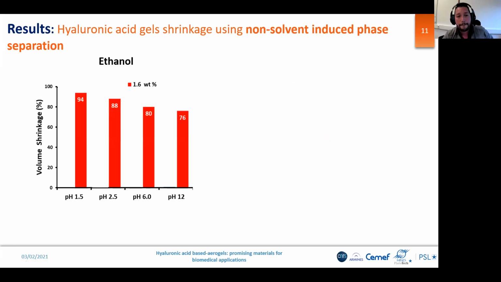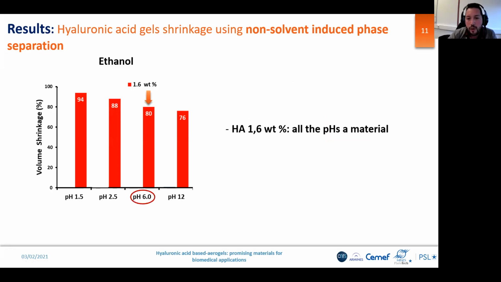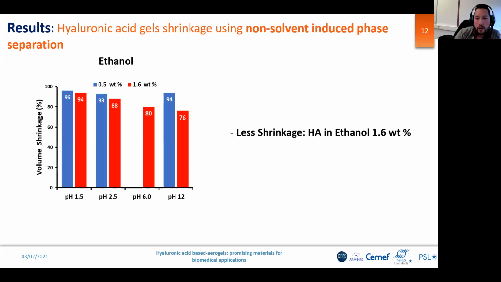If we compare these results with samples with higher concentration of hyaluronic acid, it was possible to get the material at all the pH, and also we can see that the pH has an effect. At a higher pH, we have less shrinkage of the material. Then if we compare both concentrations, there is less shrinkage when we are using a higher concentration of hyaluronic acid.